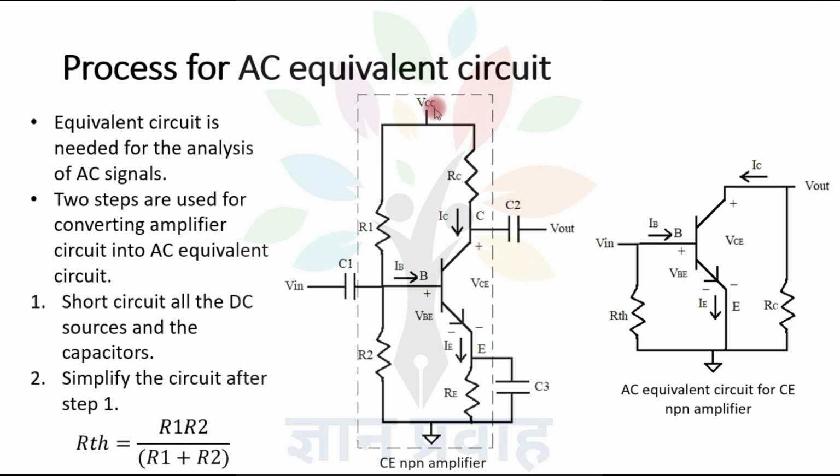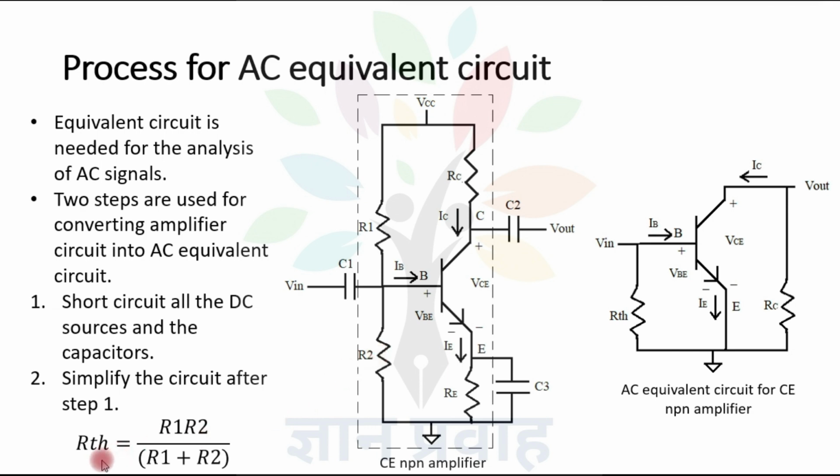So when VCC is grounded, it means R1 and R2 both are connected in parallel. That is also the condition for calculation of Thevenin equivalent resistance value. So for calculation of Thevenin equivalent resistance value, all the sources must be short circuit and current sources must be in open circuit.